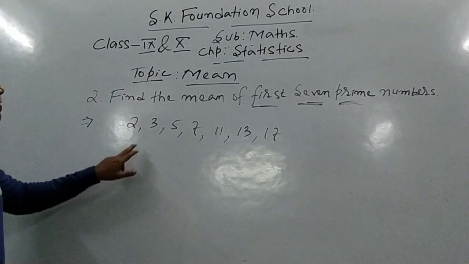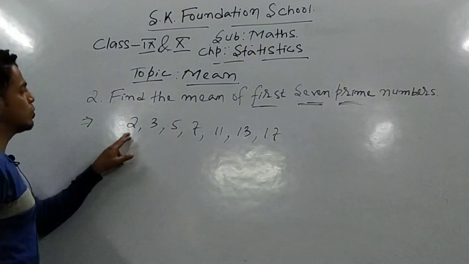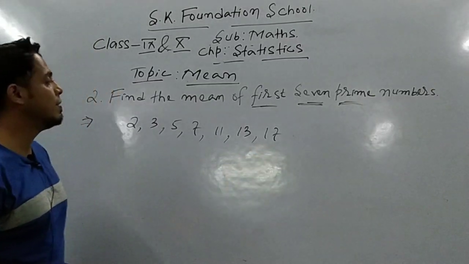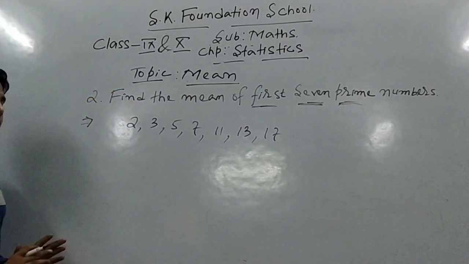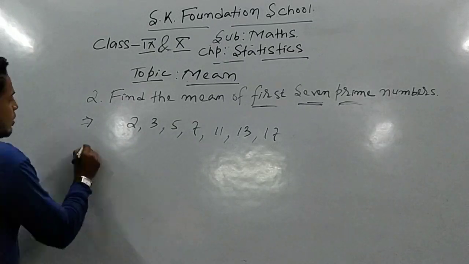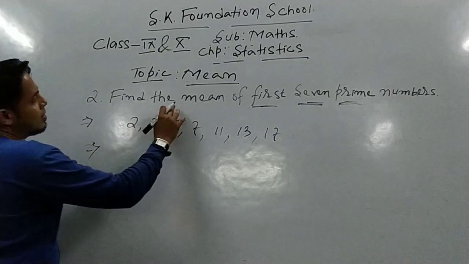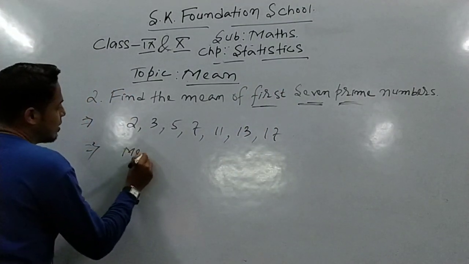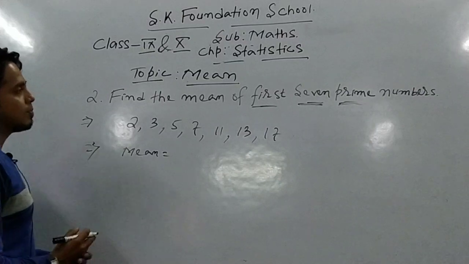These are the first 7 prime numbers because they are divisible by either 1 or itself. We are going to find the mean of these prime numbers.